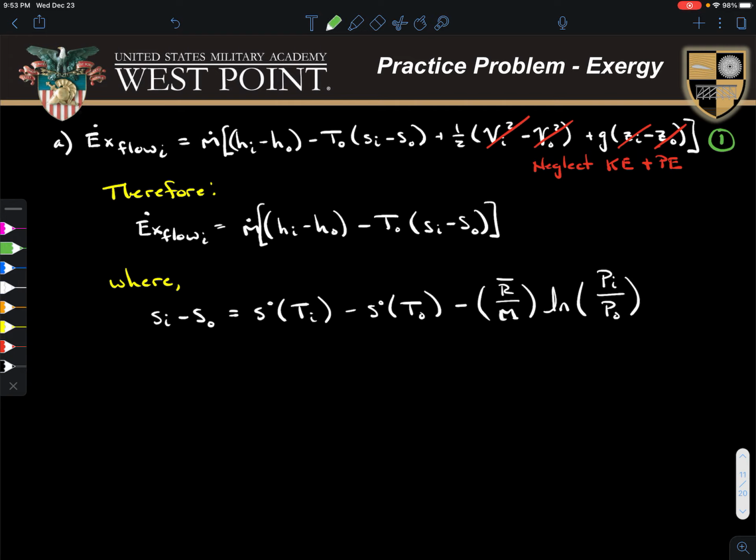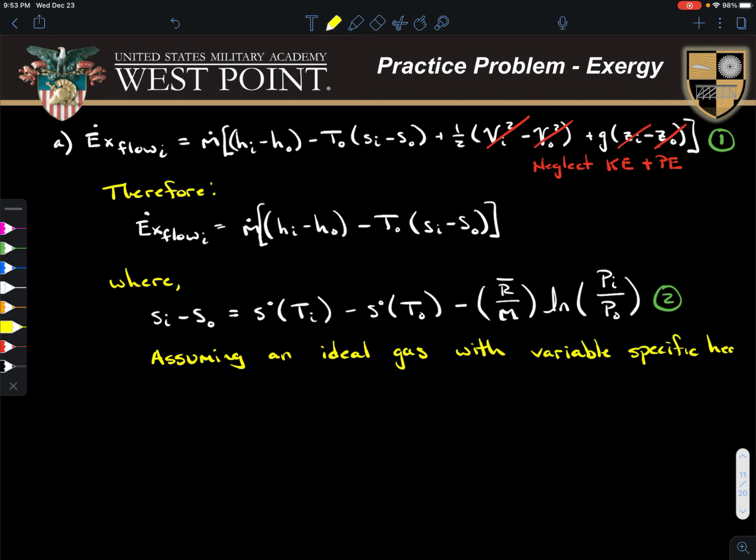And this is now number 2. Okay, so that equation was derived assuming an ideal gas with variable specific heats.